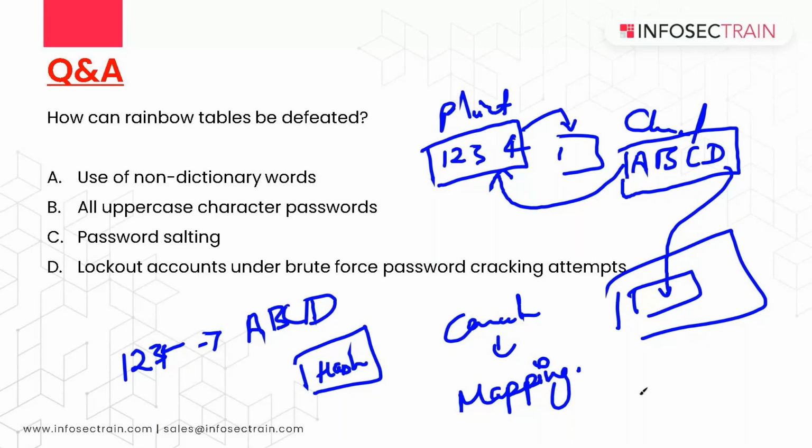Like for the hash ABCD, the plain text is 1, 2, 3, 4. So that is how we use the rainbow table for mapping out the hashes for us.